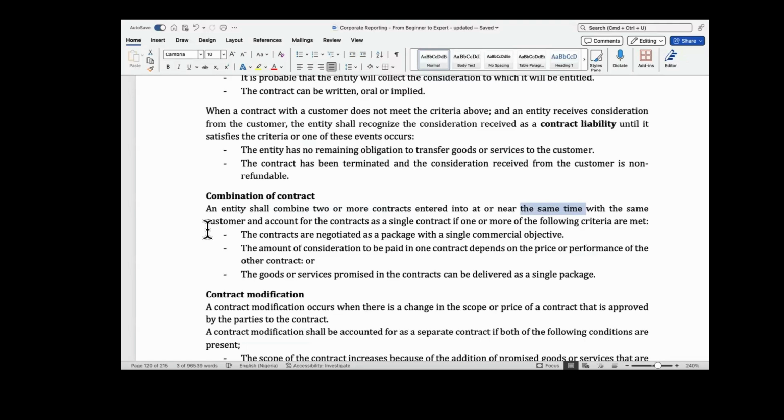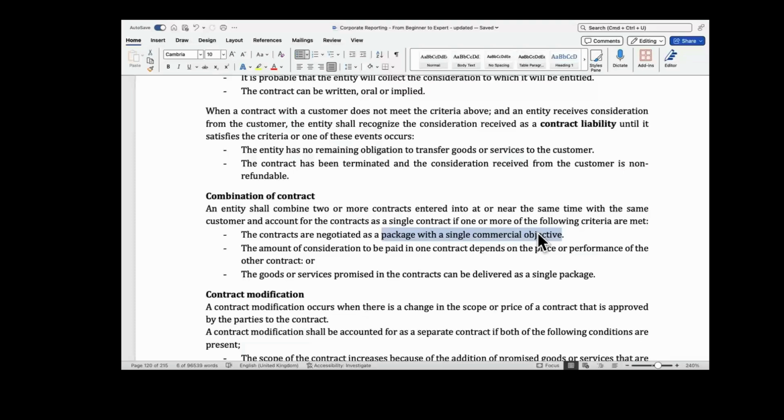Number one is that the contracts are negotiated as a package with a single commercial objective. So if you negotiated them together and each of them is for a single objective, just imagine you negotiated a contract to build a structure, maybe a hospital for somebody, but there is a different contract for the foundation, a different contract for the structure, and for the finishing.